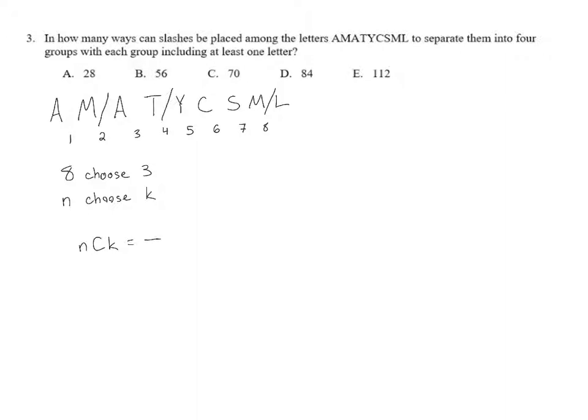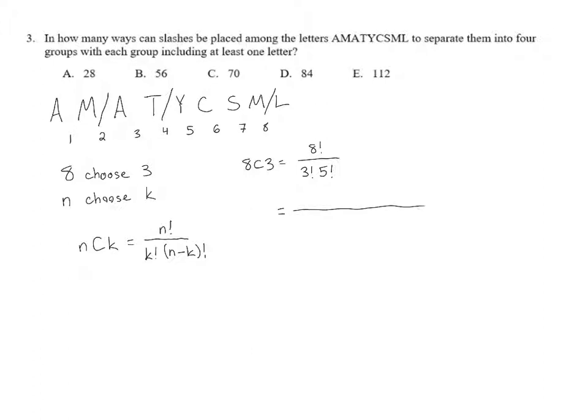And the formula tells us to take n factorial over k factorial times n minus k factorial. So in this case, we're taking 8 choose 3. That's going to end up being 8 factorial over 3 factorial times 8 minus 3, which is 5 factorial.